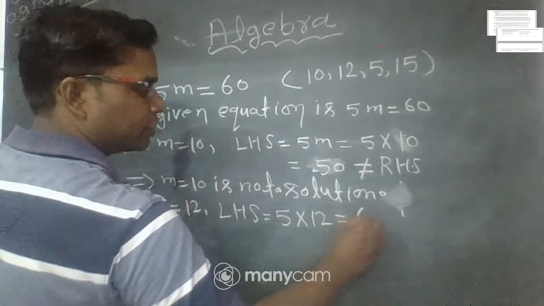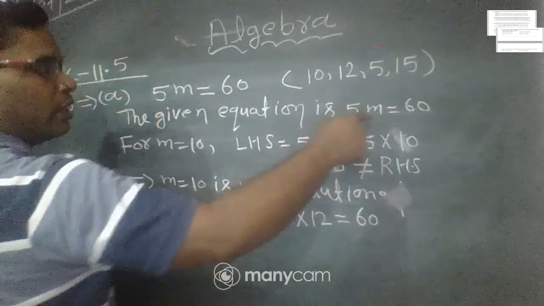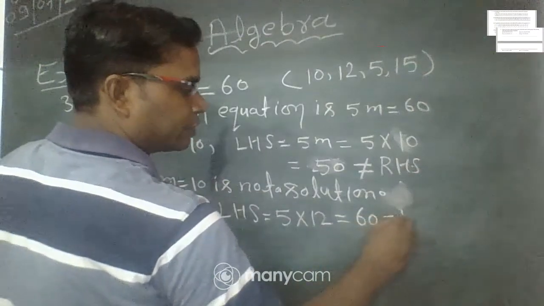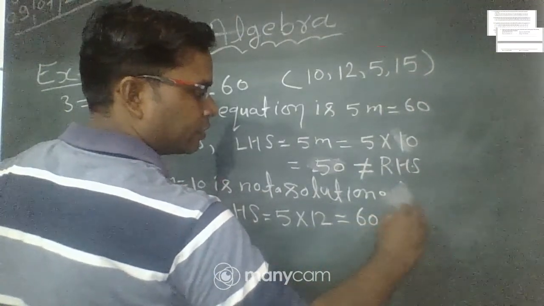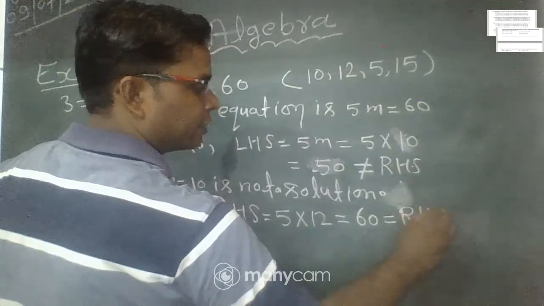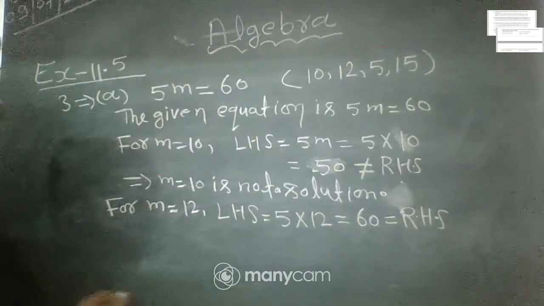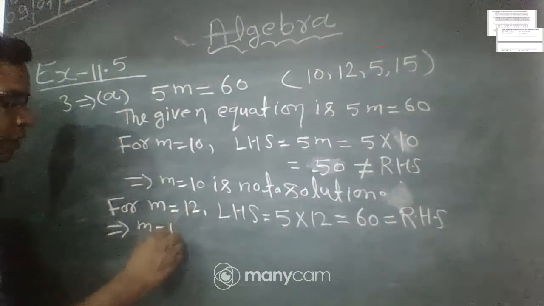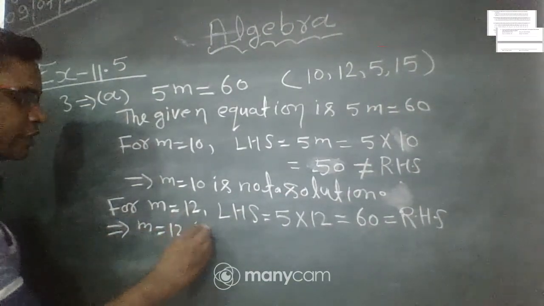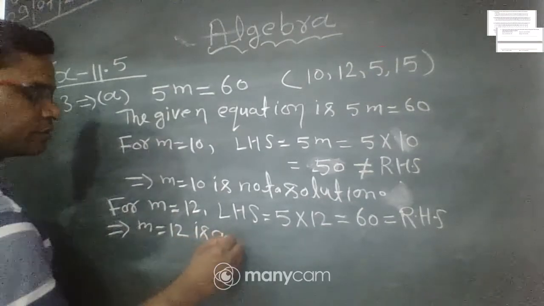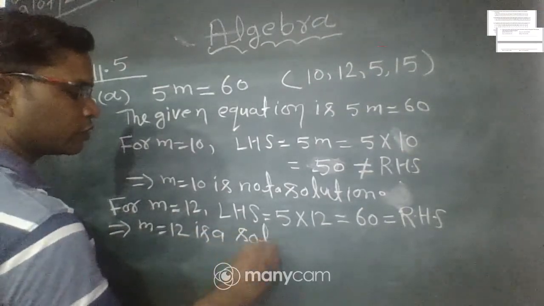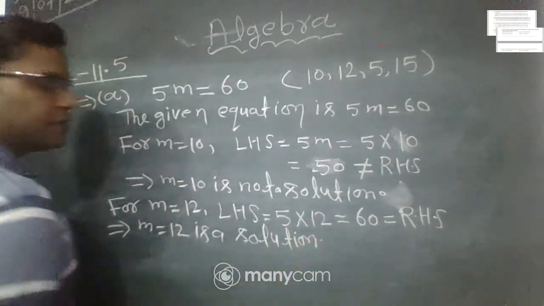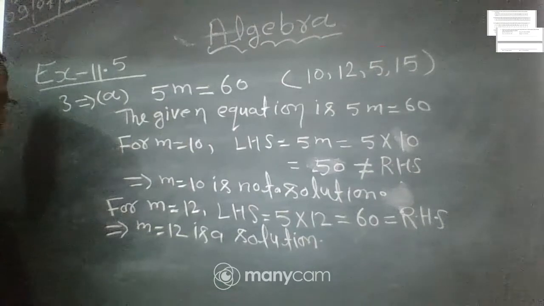This is equal to 60, and you can see the right hand side is also 60. So this is equal to the right hand side. So at last this implies that m is equal to 12 is a solution. This is clear.